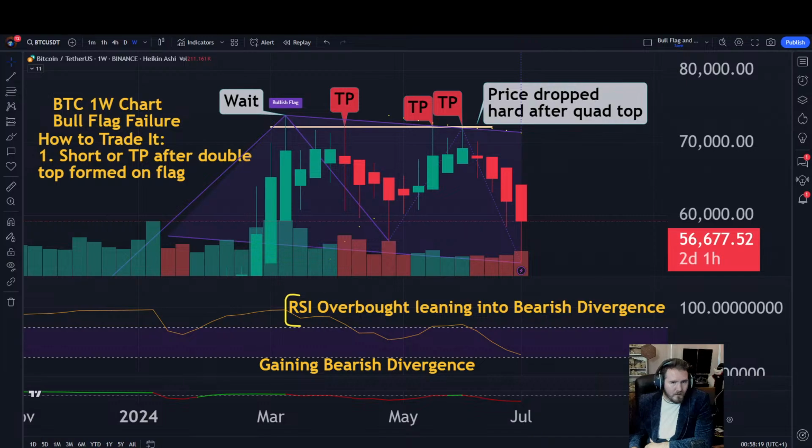So we saw that end result: big players started dumping after the weekly bull flag failure when RSI was overbought, and we started gaining bearish divergence on larger time frames.